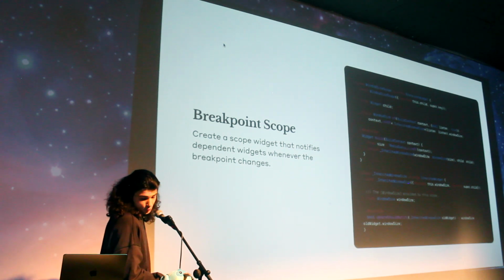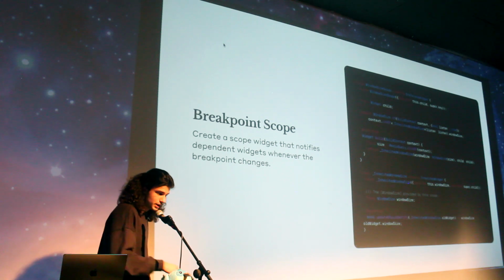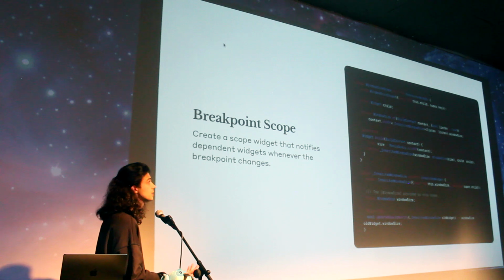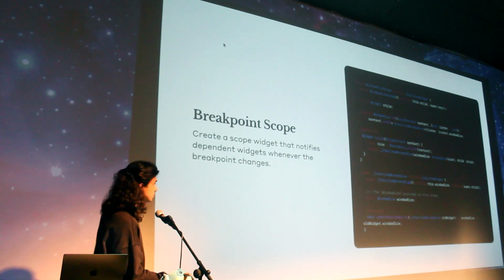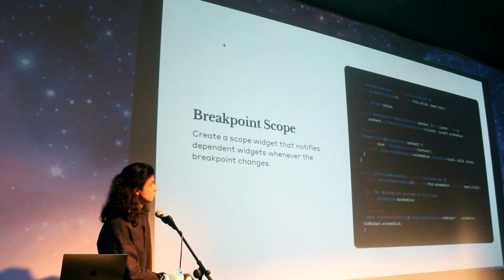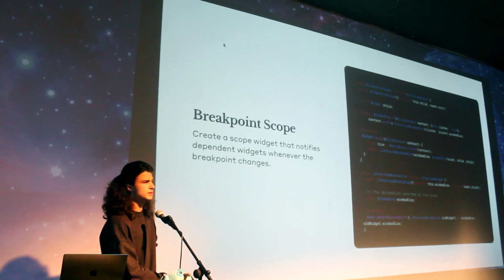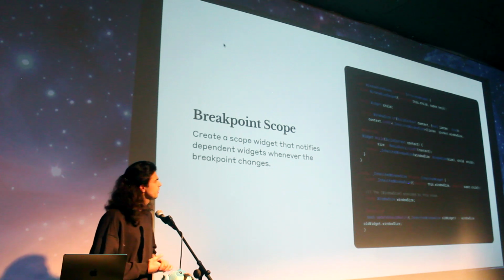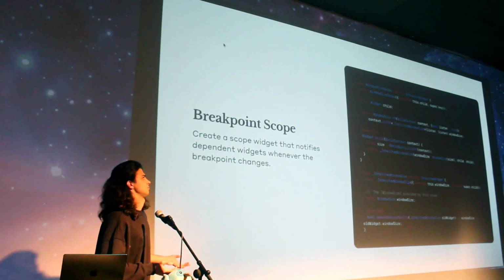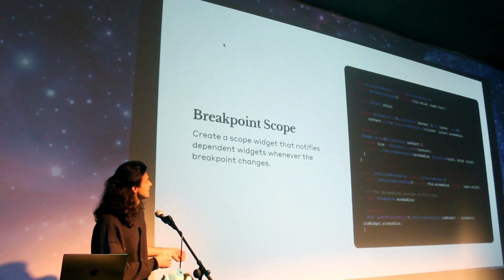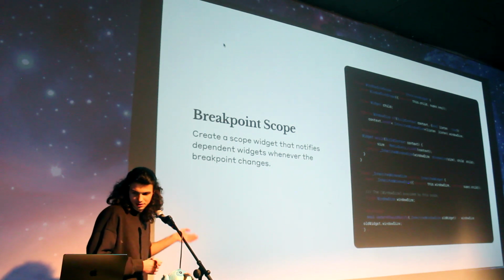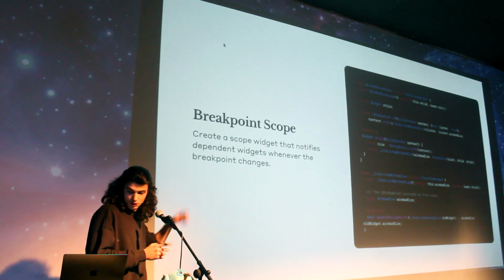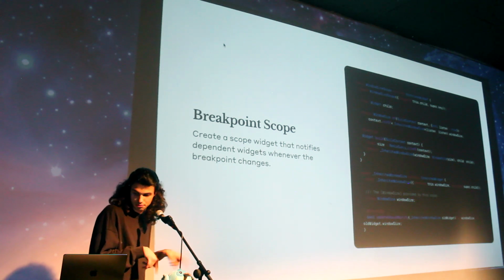And we need a way to access those breakpoints, how to get them basically. So what we can do is create some sort of a scope. You all work with scopes like MediaQuery, focus scope, other scopes, and here we simply get the size from MediaQuery and return our inherited widget with that breakpoint.